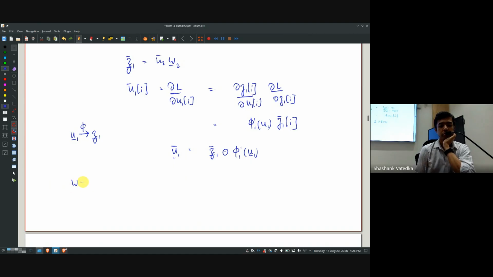You multiply W with X to get U1. And W bar is now a matrix, right? So we want to find the partial derivative of L with respect to every element in the matrix W.